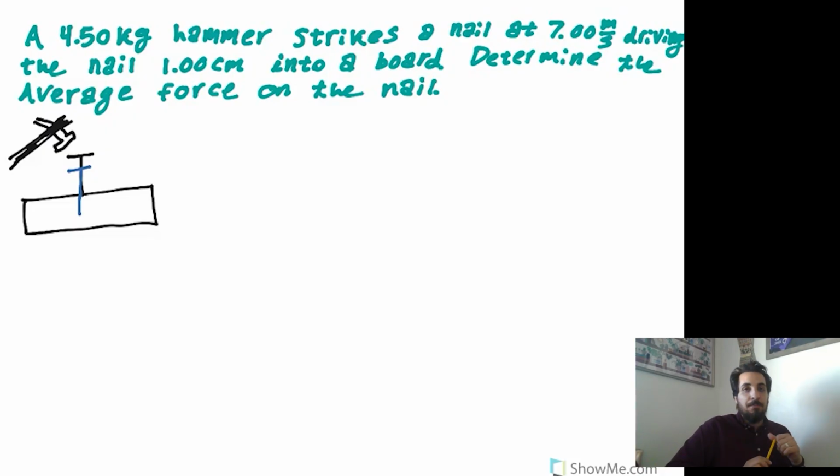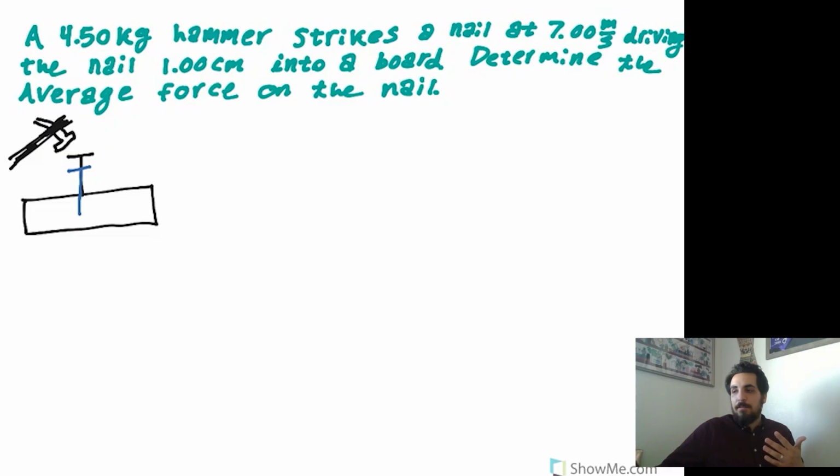We're asked here again about the effects of the force on the nail, and what we know is that the force is going to cause an impulse, which causes a change in momentum.